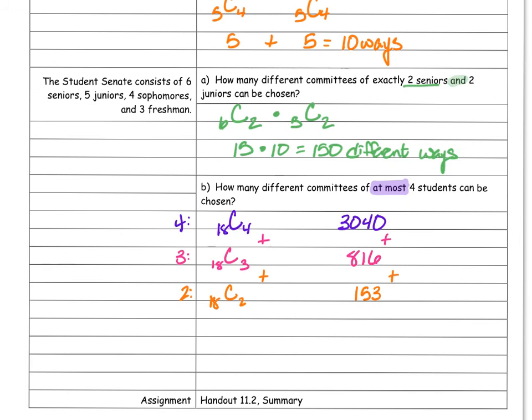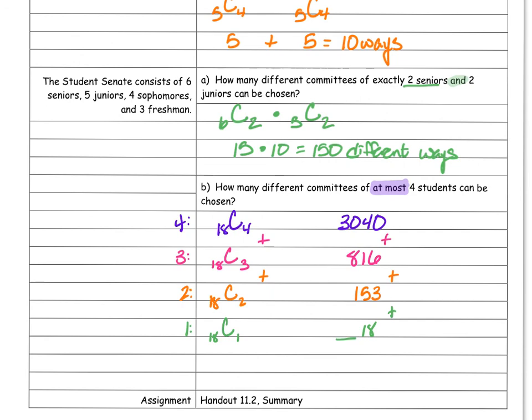Oh, I'm getting less and less. And if you have 1 person on a committee, 18 choose 1, well, if I have 18 people, how many different ways are there to just choose one person? Well, that would be 18.